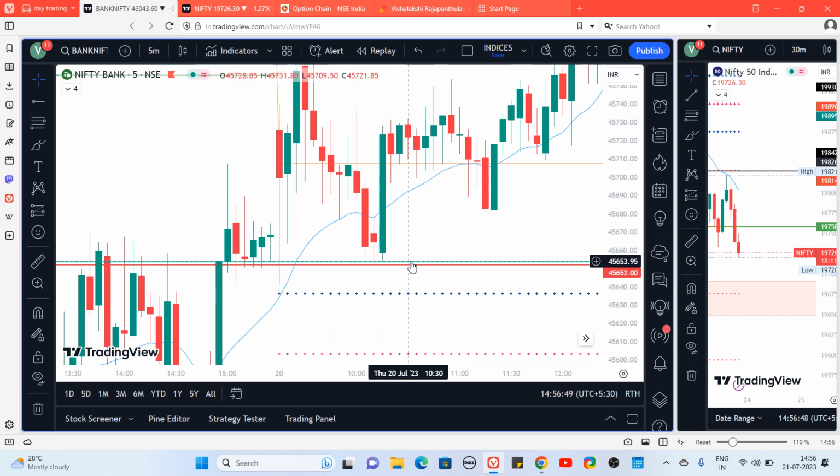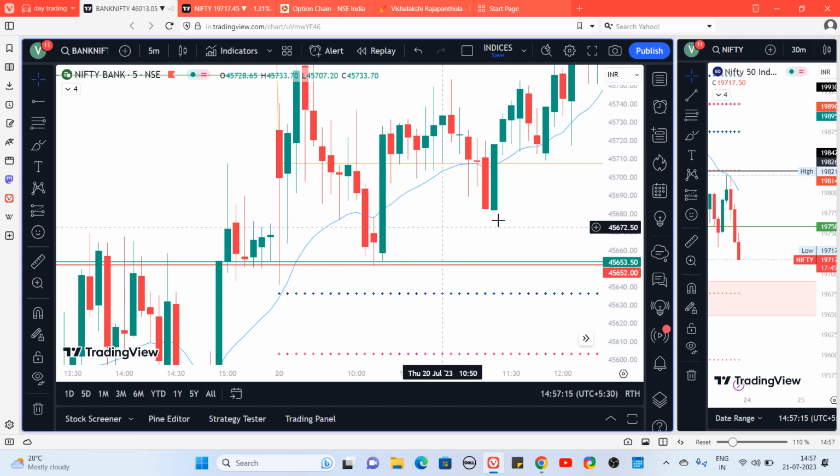The psychology here is that traders know this tail indicates bullishness, so there are buyers present here, so they can enter at the retest. So they wait to take the trade at the retest. Once it makes this candle, they again wait to take the trade after this bullish candle.